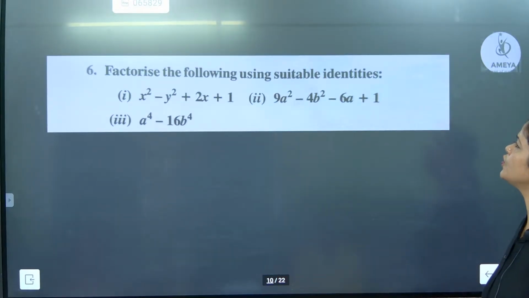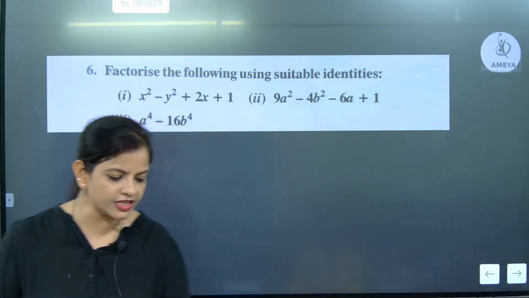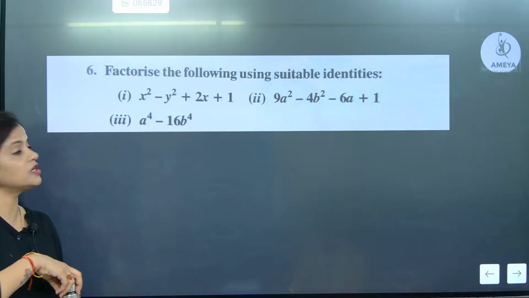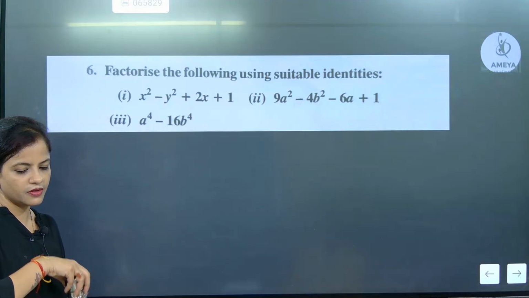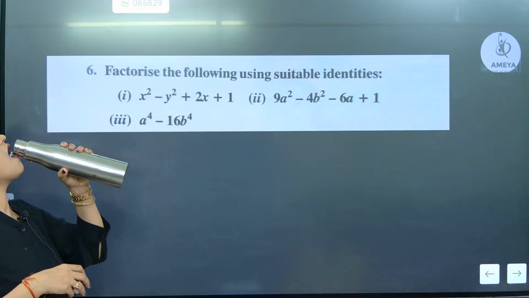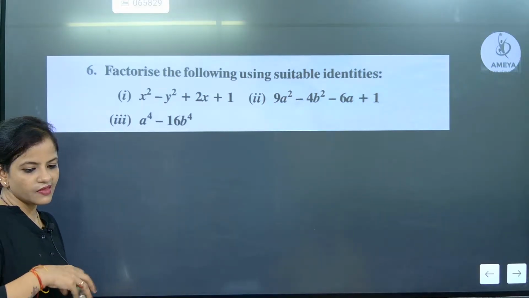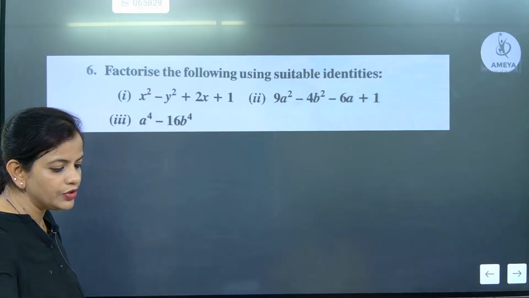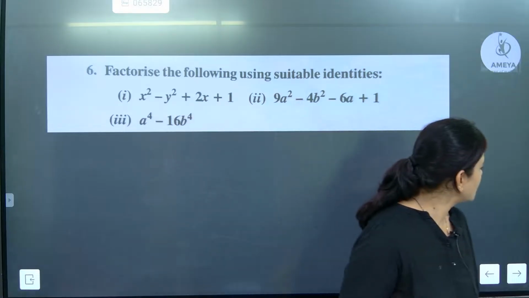Factorize the following using suitable identities. Come on, we need to factorize it. Let's check this one out. How to solve this question? I'm going to solve the factorization part. Now start writing, children. Here I am going to write and teach the factorization part.